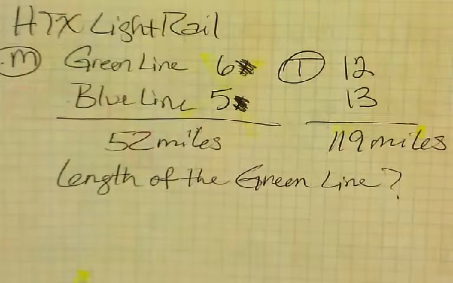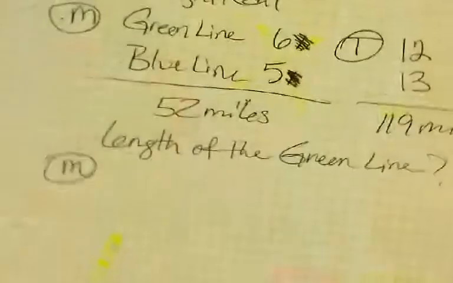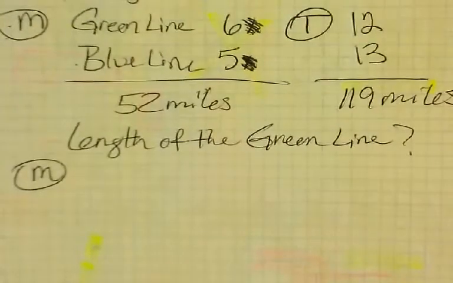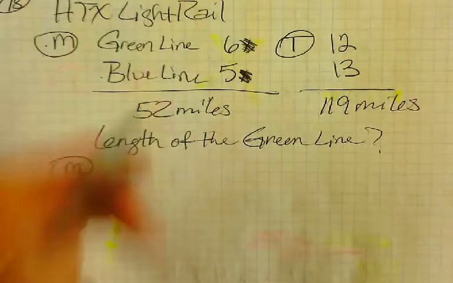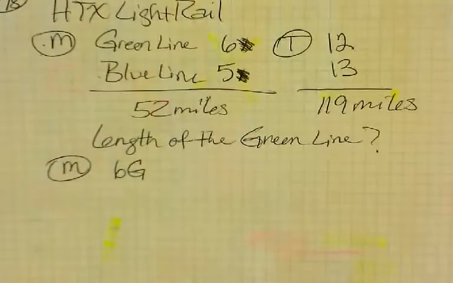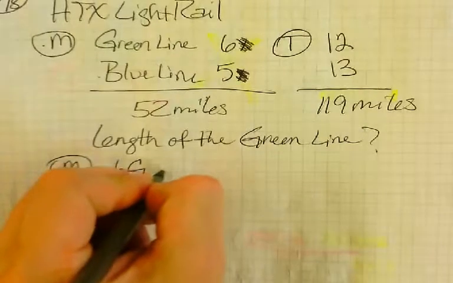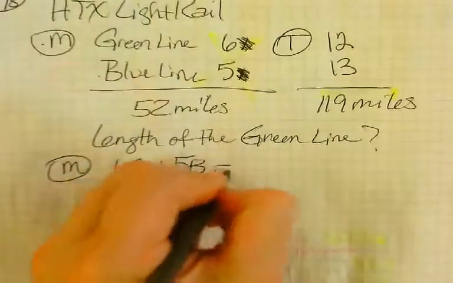All right, so let's draw our first equation here from Monday. So Monday's equation. All right, you did the green line 6 times. And you did the blue line 5 times.